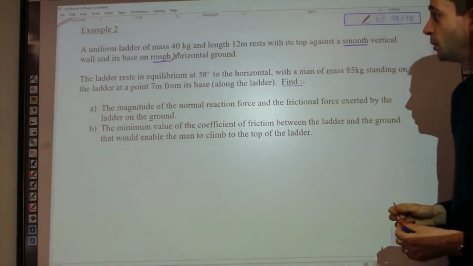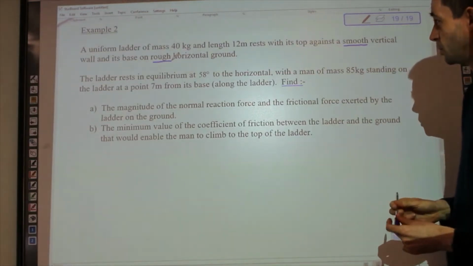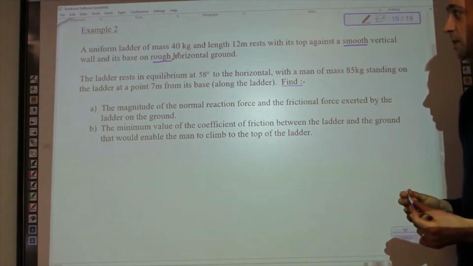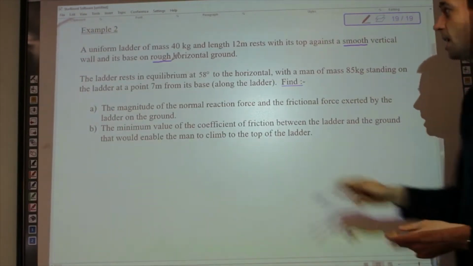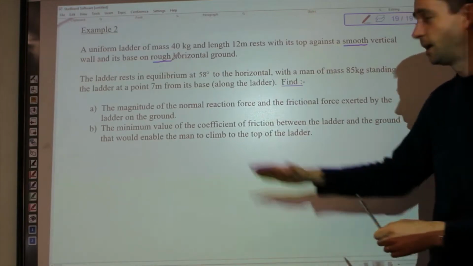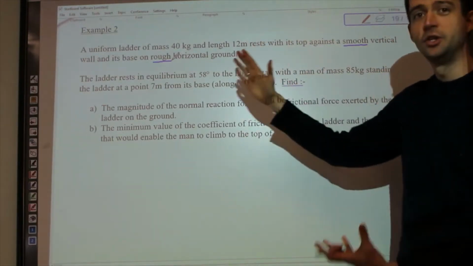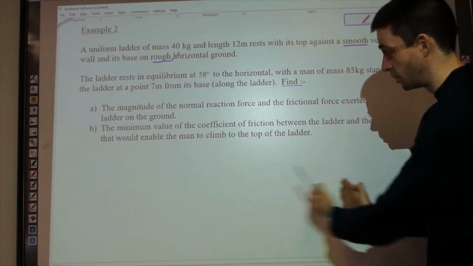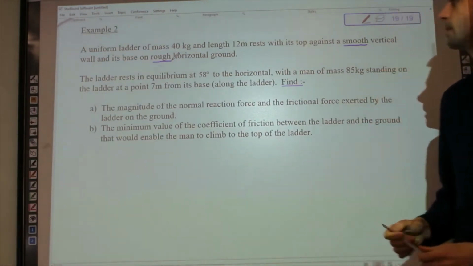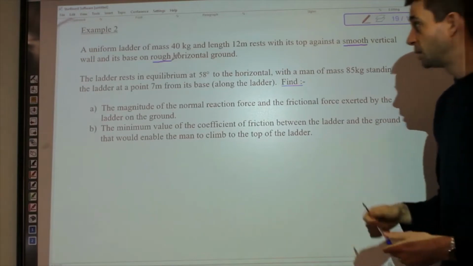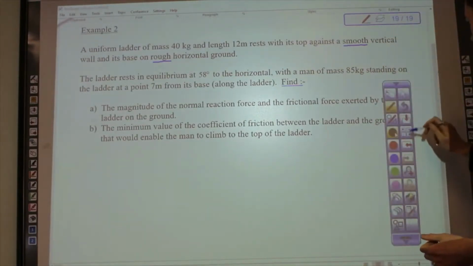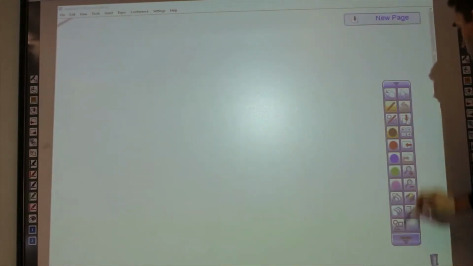The ladder rests in equilibrium at 58 degrees to the horizontal, with a man of mass 85 kilograms standing on the ladder at a point 7 metres from its base along the ladder. So that's 7 metres along the hypotenuse of the triangle, rather than 7 metres horizontally from the bottom. Let's begin by putting this into a diagram.